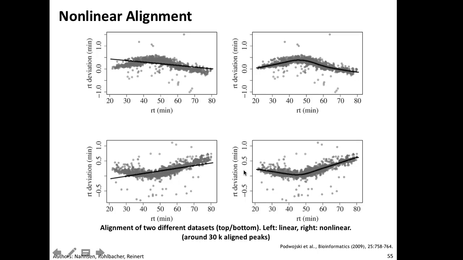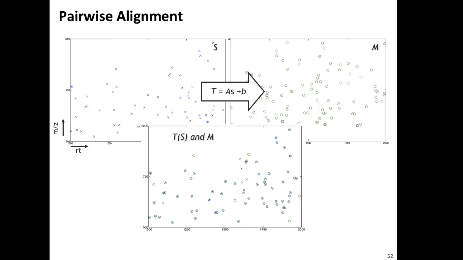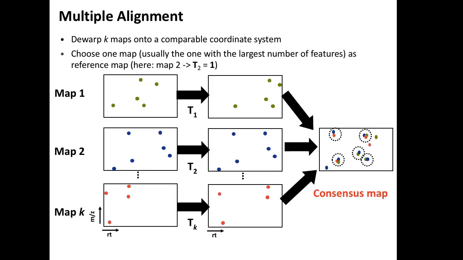And to some degree, that is true. But I would like to point out that we don't need to bring them exactly on top of each other for the linking. We just need to bring them close enough together that in this local neighborhood, there are not that many matches. And with high resolution data, the odds of finding a feature that has exactly the same mass just needs to be small enough.